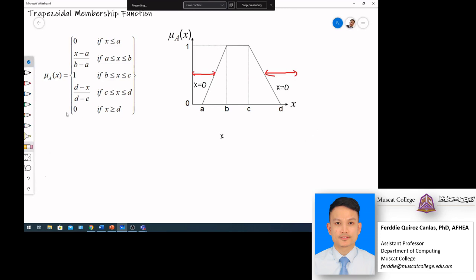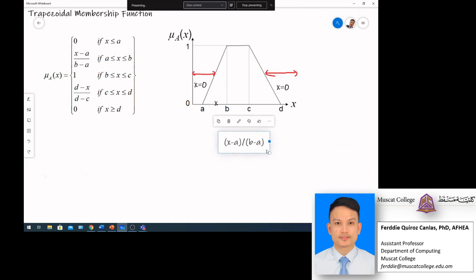If it is here in between, let's say for example, I'm going to use the formula x minus a over b minus a. Close parenthesis, x minus a over b minus a.